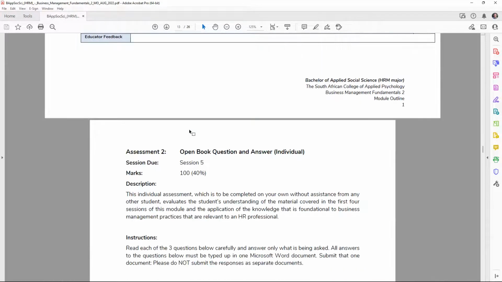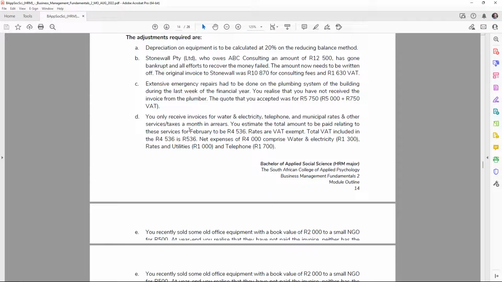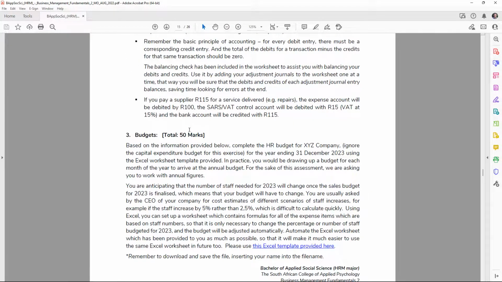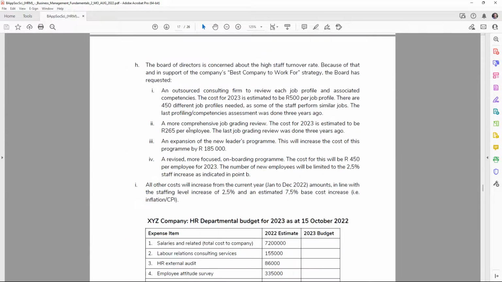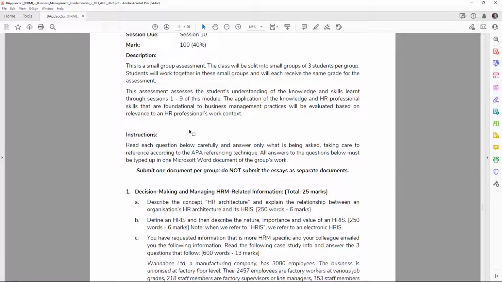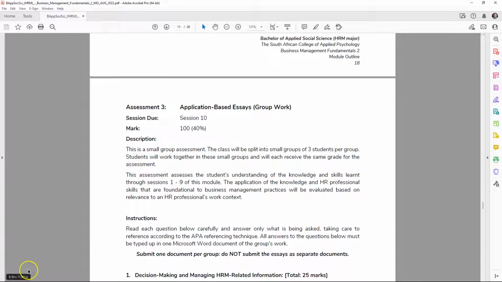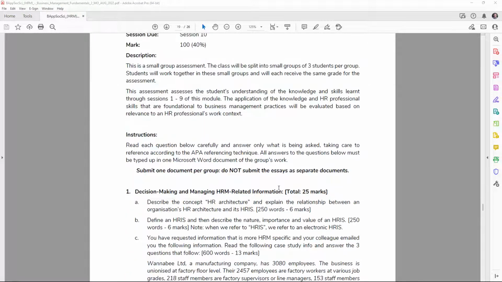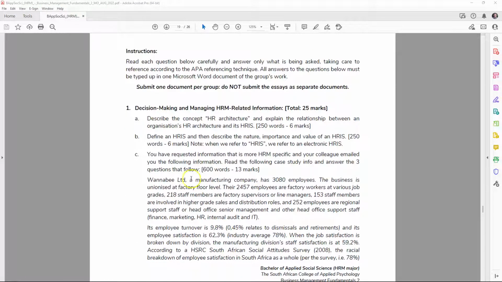So, Assessment 3. Okay, question 1 is about decision making and managing HRM related information, and this counts for 25 marks.